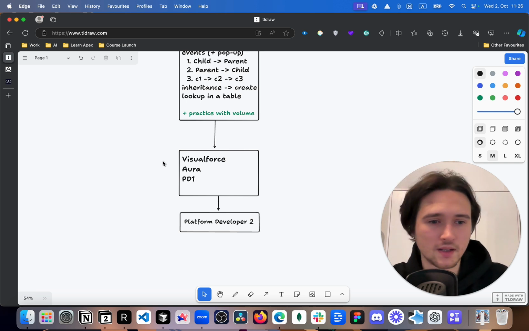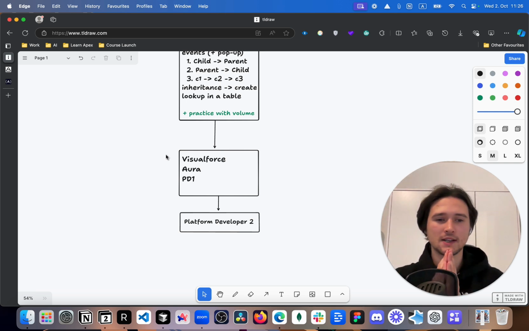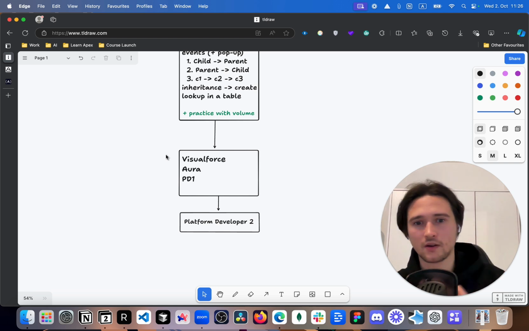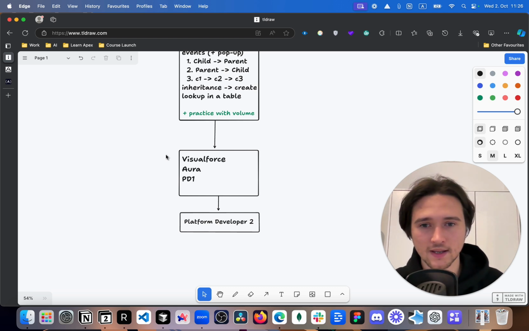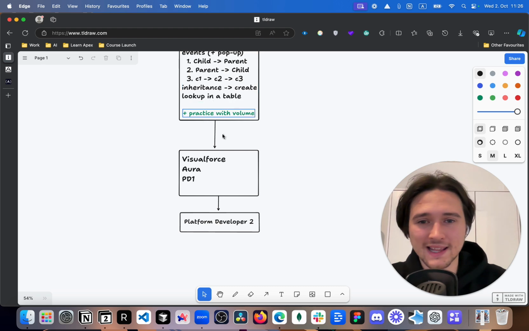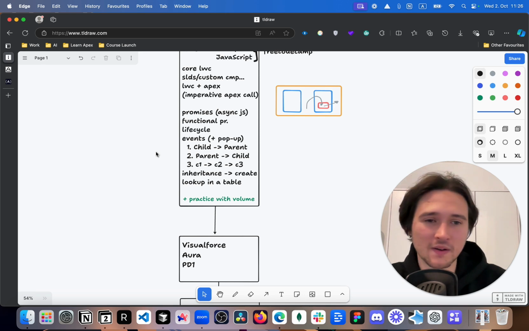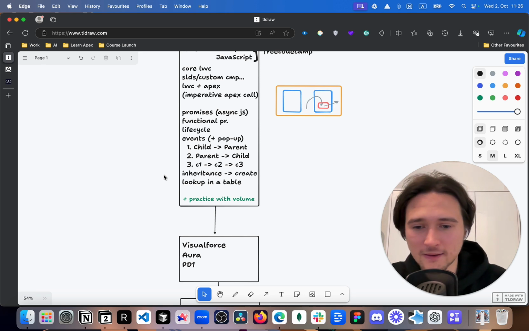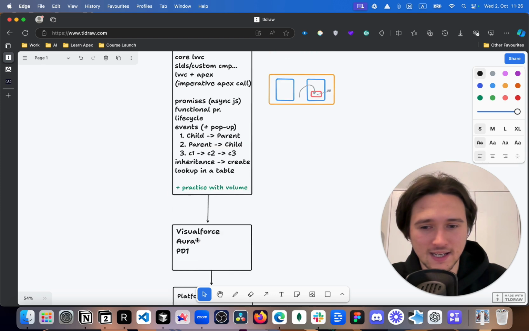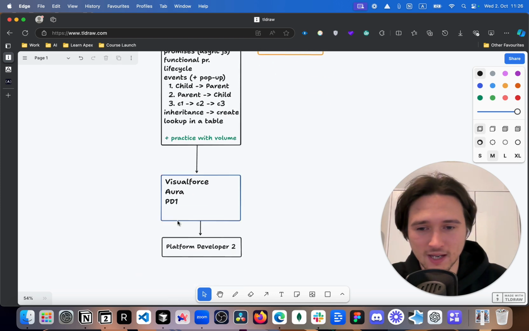It's not hard. So usually the people that I work with are senior admins, senior consultants. If you're a senior admin and you already know how to code and you're at this stage where you're doing LWC stuff, you're basically already a developer. Doing PD1 for you is an easy thing, okay?